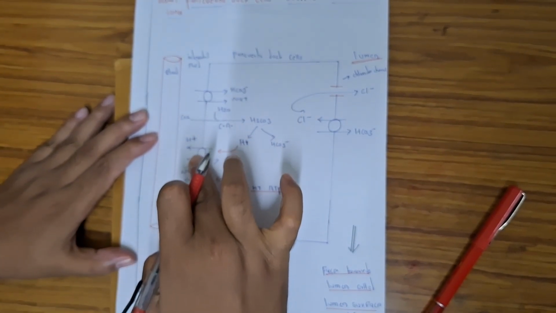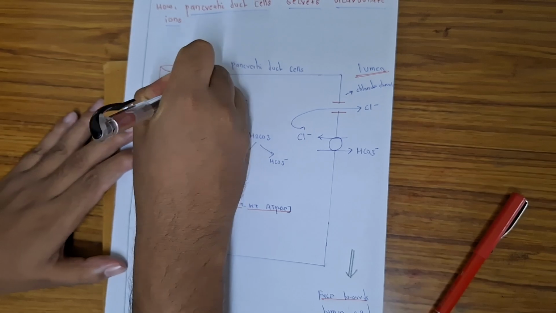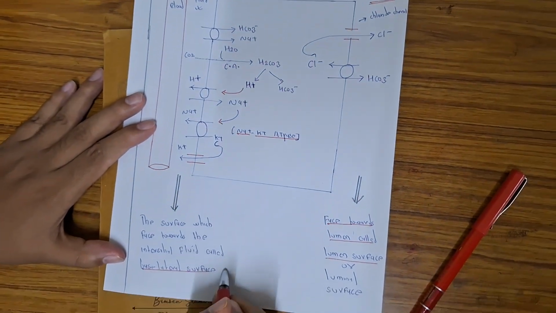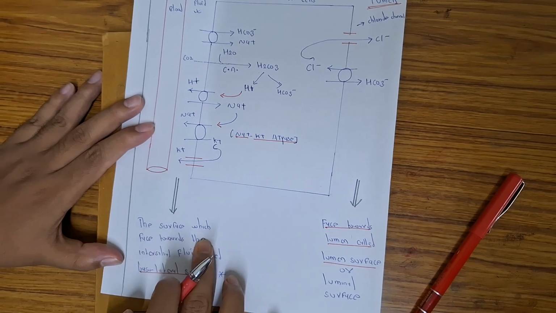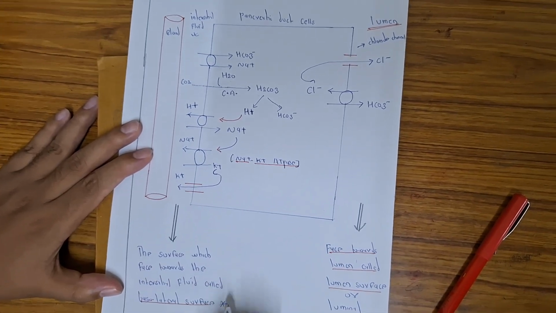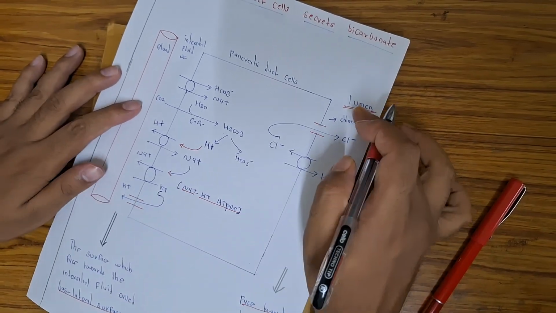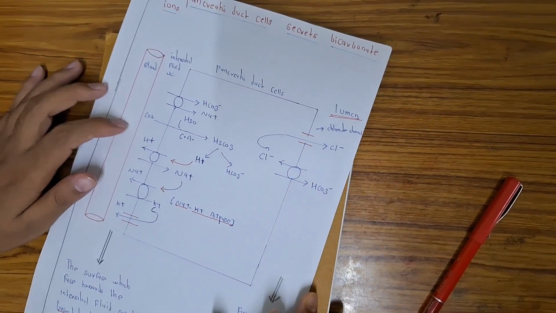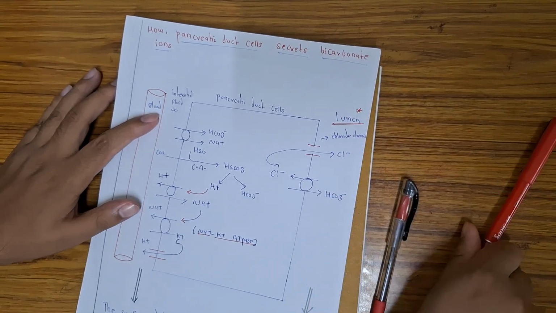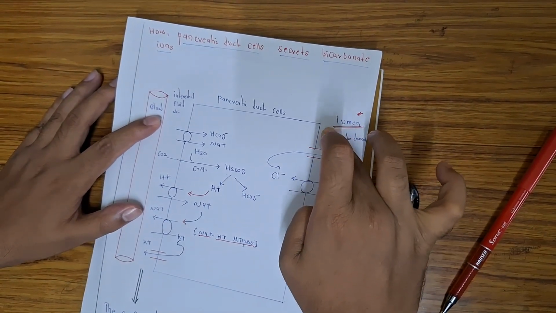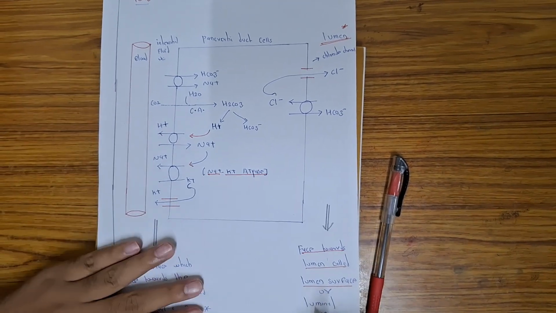This is the surface which faces toward the interstitial fluid, called the basolateral surface. In the same way, the surface which faces toward the lumen, this is the lumen, is called the luminal surface.